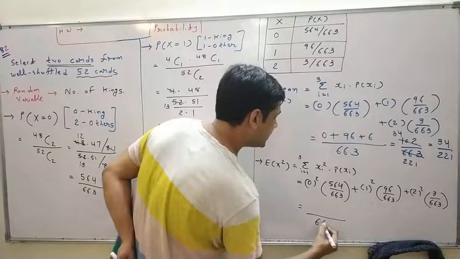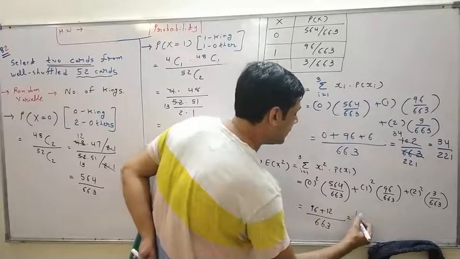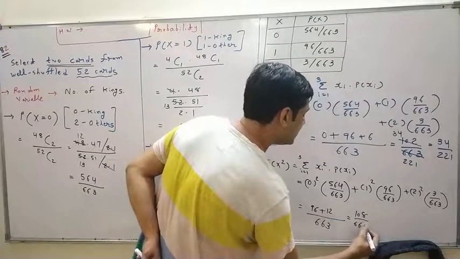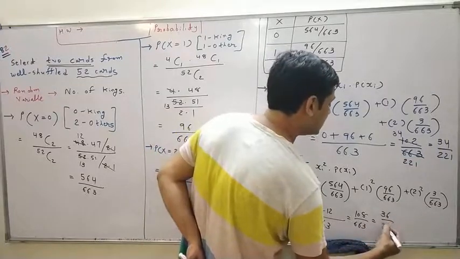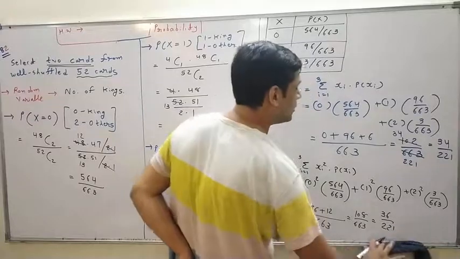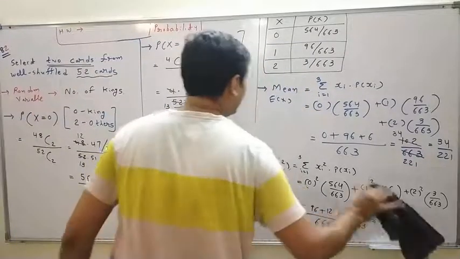So that is 1 square into 96 is 96. 2 square is 4, 4 3s are 12. So that is 108 by 663. Okay, 3 3 cancel also. So that is 36 upon 221.